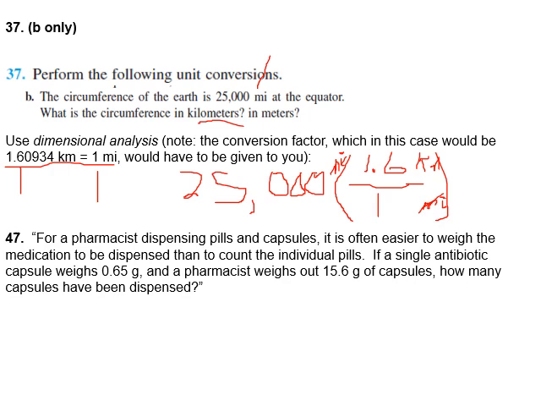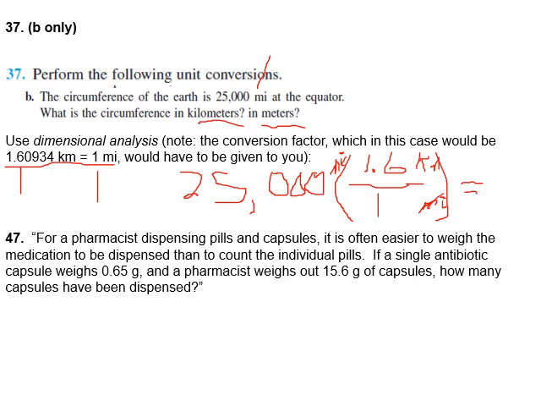That's what they want. And even if they didn't, we'd have to do it this way. So you just take your calculator, multiply 25,000 times 1.6. Then whatever you get for that part, it's going to be in kilometers. To do the second part, you just multiply by 1,000, or you can do the thing again where you make a fraction, writing 1,000 meters on top and 1 kilometer on the bottom, and then the kilometers would cancel.